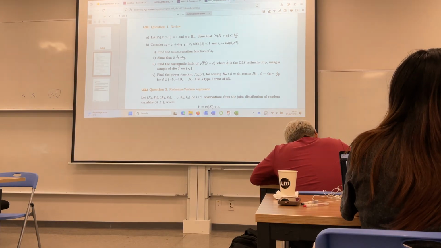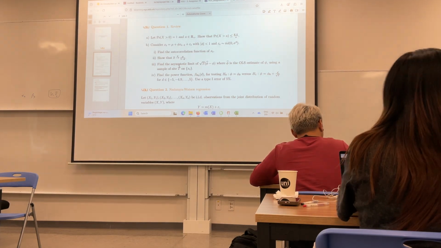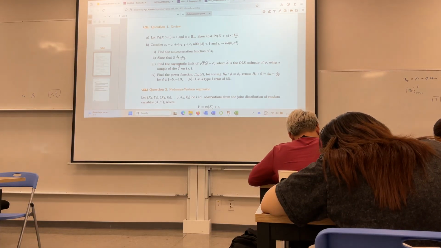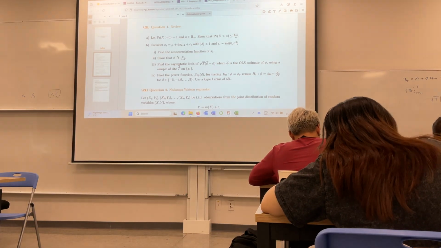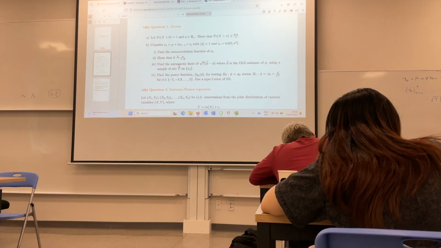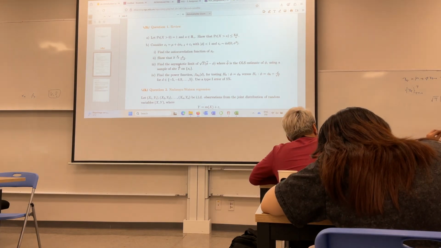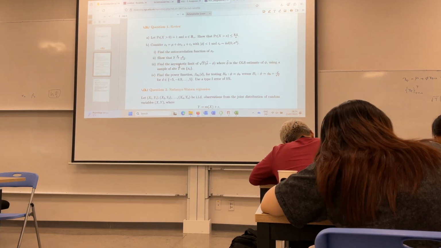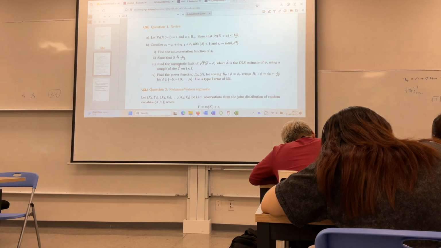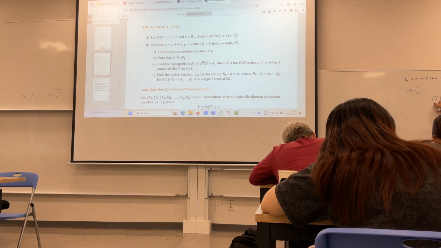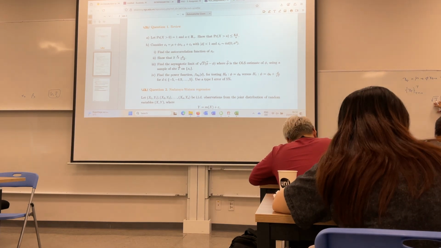When phi becomes 1, this will be normal with mean 0 and variance equal to 0, which is singular. That's just 0. It means that this distance is so small that, even though you scale it up by the square root of T, you get 0.